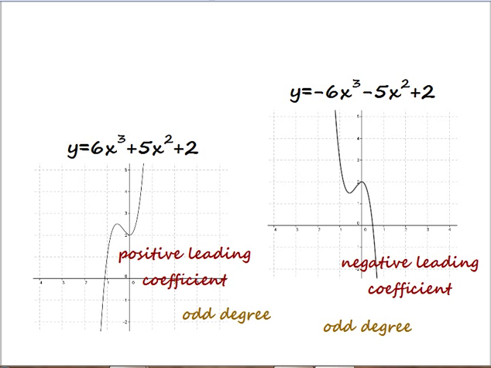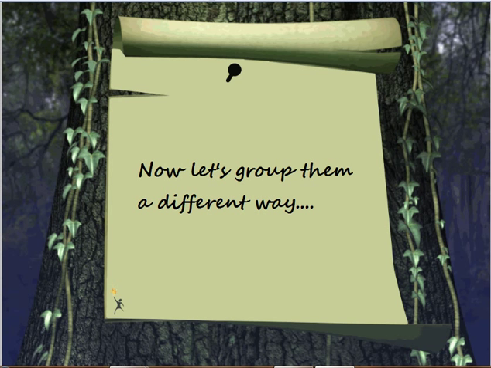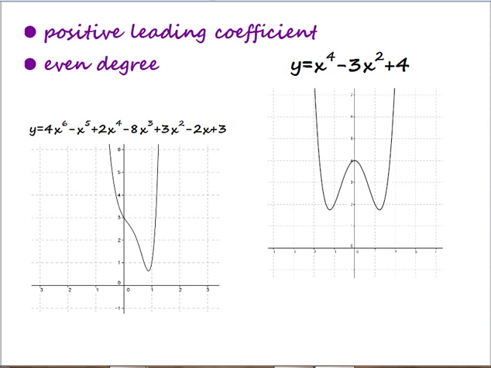Are you starting to see a pattern here? Let's group them a different way and see if we can find the pattern. First of all, here's 2 of our graphs that we looked at with positive leading coefficients and even degrees. Notice the shape.